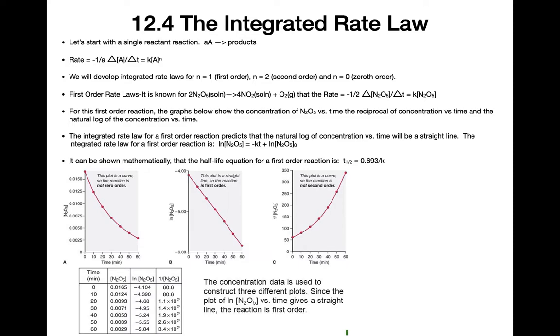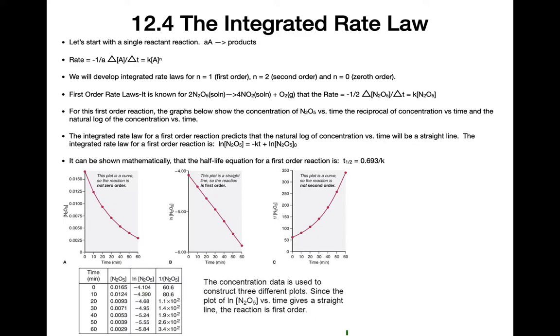We find that because it is first order, as the concentration of N2O5 goes down, the reaction rate goes down. So the concentration of N2O5 versus time in the left graph shows that it's a curve. It's not linear, it's a curve.